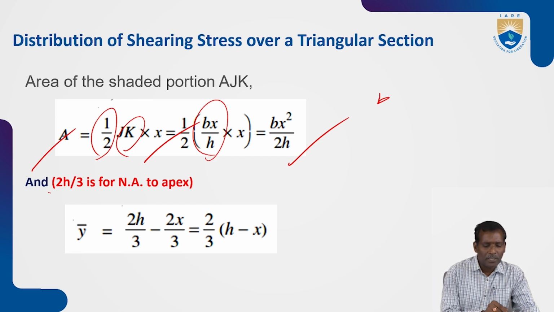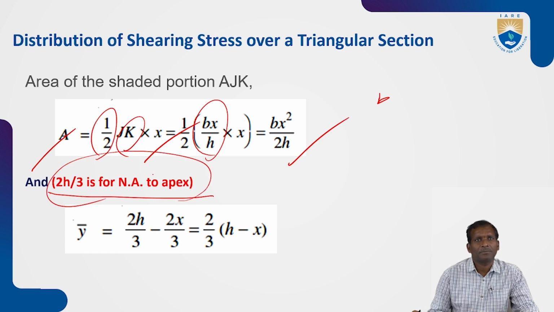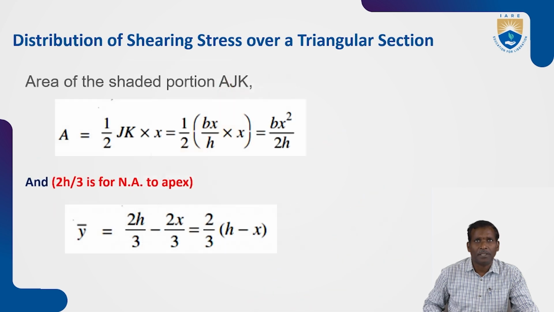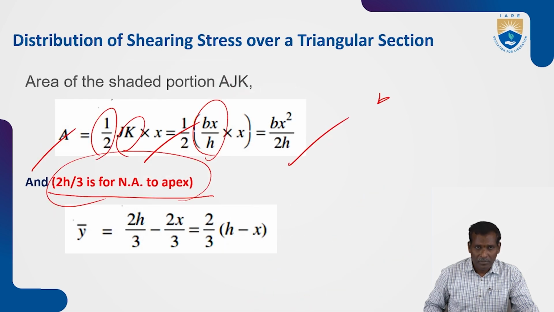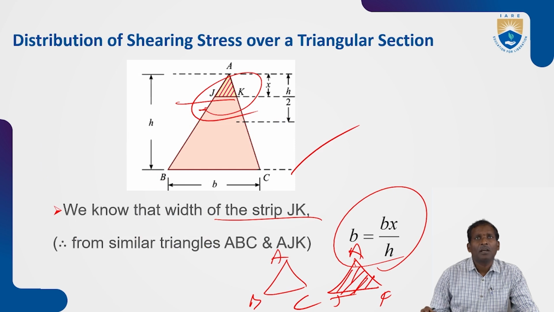And 2H by 3 is the distance from the neutral axis to the apex, so for a triangle it is 2H by 3 from the neutral axis.